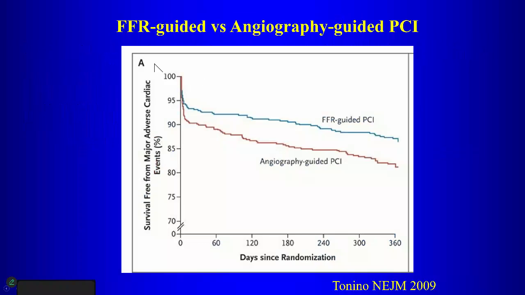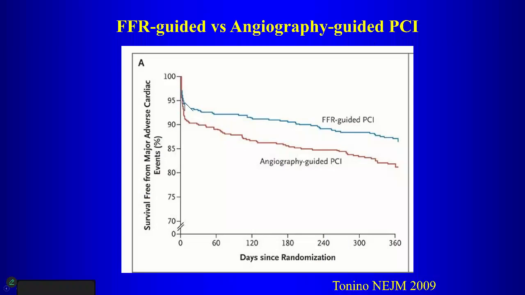So what happens when we use that as a guide to treat lesions? Using fractional flow reserve guided intervention versus just angiographically guided intervention when they're doing invasive coronary angiography. Here we're looking at survival on the y-axis compared to time on the x-axis.